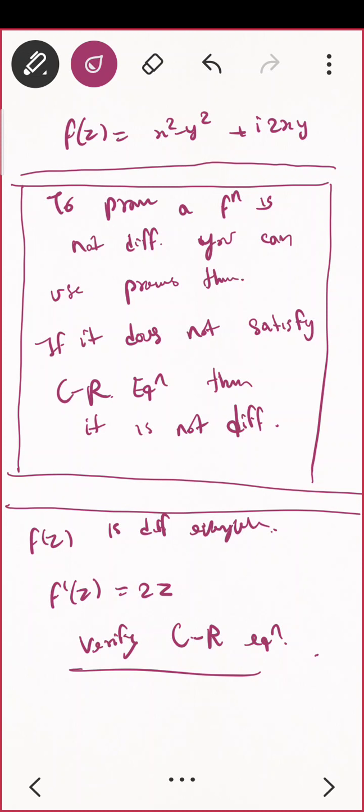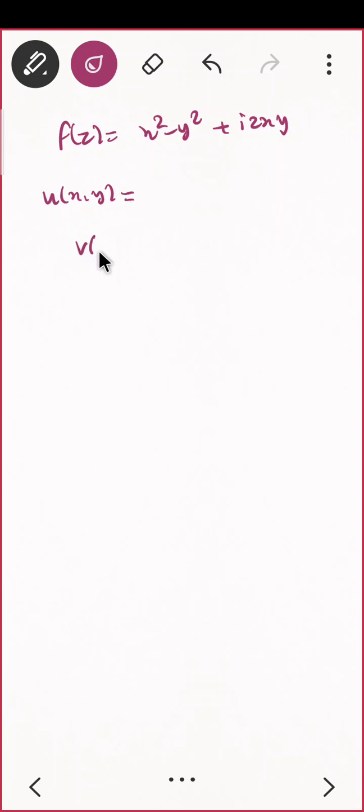Now I am given that the function is differentiable. Can you verify CR equation? What is u? What is v? f of z is equal to x square minus y square plus i times 2xy. What is u of xy and what is v of xy?